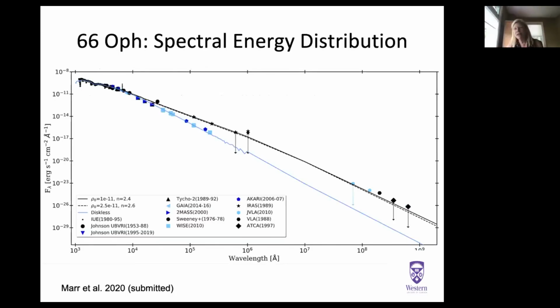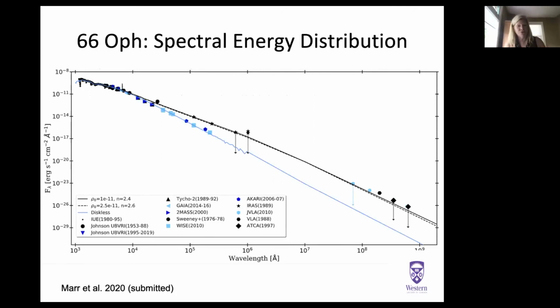So here's the promised spectral energy distribution I talked about at the beginning. The upper black line, these are different observables from different time periods that are reflective of the diskless phase and the disk phase. The upper black line shows that classic infrared and radio excess that are present in BE stars.